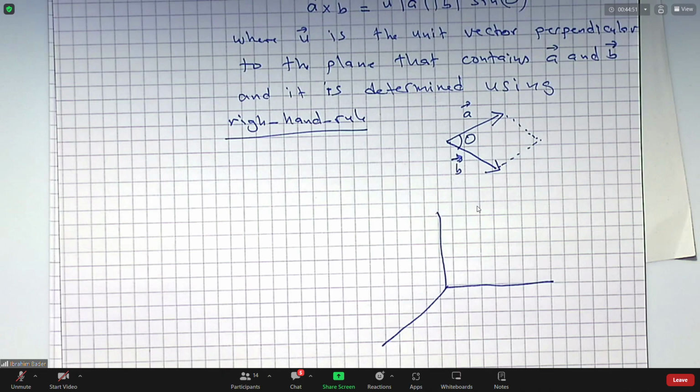At that time, I introduced to you these three vectors. I will remind you now.